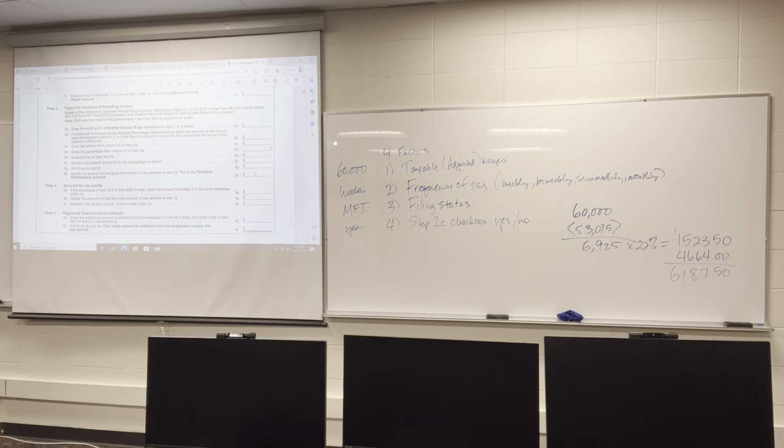So you can use this form as a guide if you forget how to do it using that other table. And that's the percentage method. So if we went through all of this, the tentative withholding amount would be the 6187.50. That's how much would end up in line 2H.